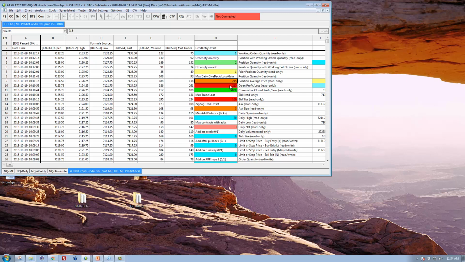It needs one more piece of logic that I don't have in there. It needs logic that says, if I've made X amount, then start looking to see if I give back too much. That's what's missing.